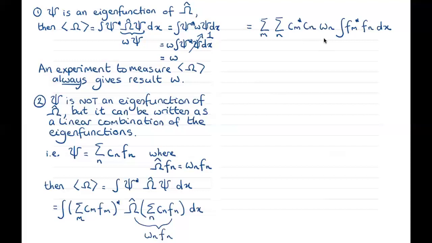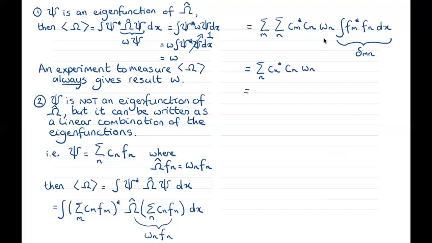And another nice property of the Hermitian operators that we work with in quantum mechanics is that their eigenfunctions can always be chosen to be orthogonal. And so this integral is equal to 1 if m is equal to n and 0 otherwise. This lets me get rid of one of my summations because only the terms with m equal to n survive.